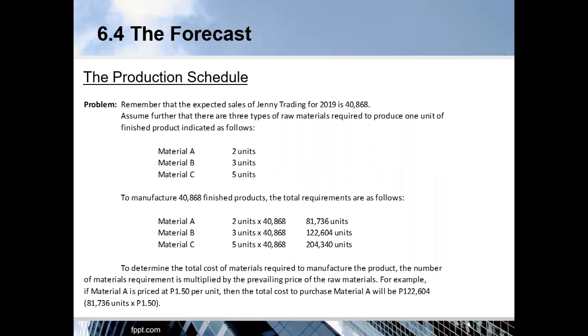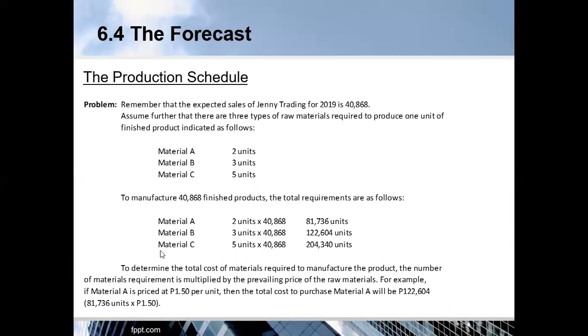Oh no, mali pala 'to. Okay, so erase. Yung material A pala, to create this 1 unit, we need 2 raw material A, tapos 3 na raw material B, and 5 na raw material C.